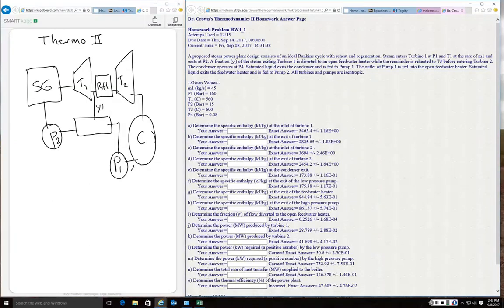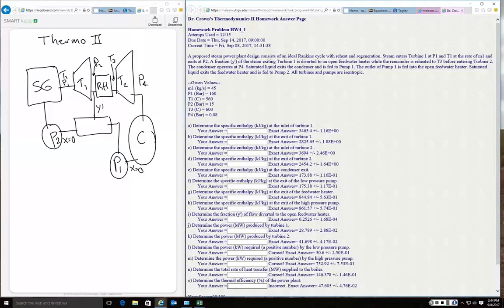We're told a couple things. Saturated liquid at the inlet to both pumps, and we're given temperature and pressure here. Let's call this state 1. We know this exit pressure, call it P2. We're told this temperature here, call it T3. This pressure here, P4. Saturated liquid here at the inlet to pump 1.